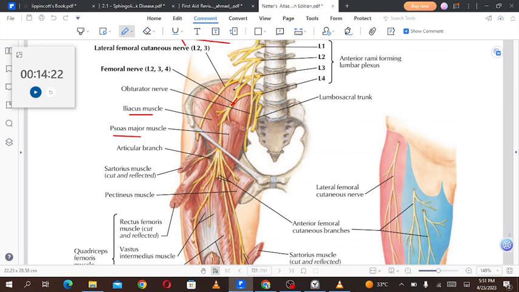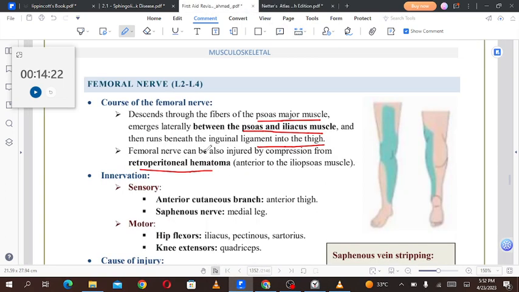That hematoma can compress and involve the femoral nerve as well. So remember this, because it runs retroperitoneally and in close association with the iliopsoas muscle, it can be damaged there.